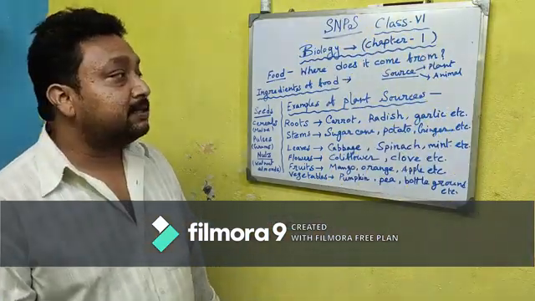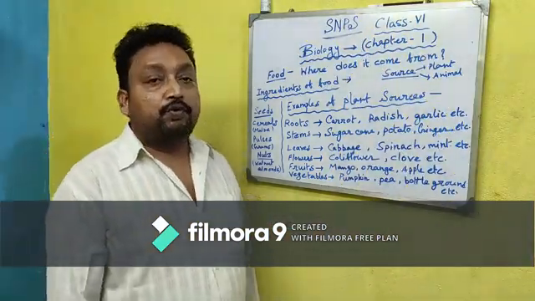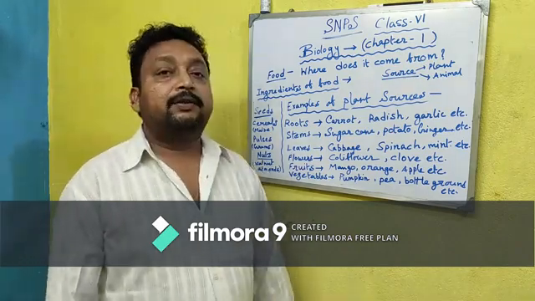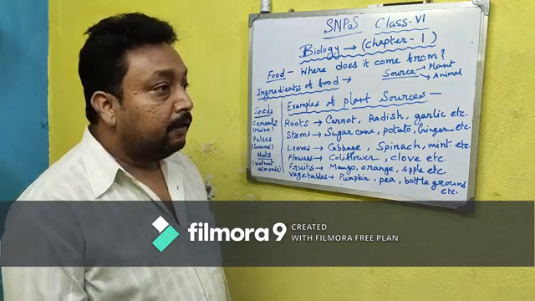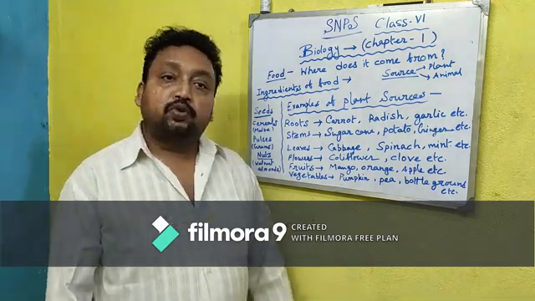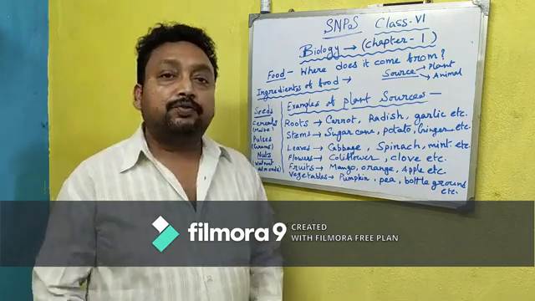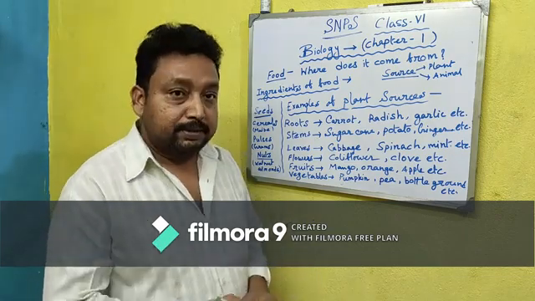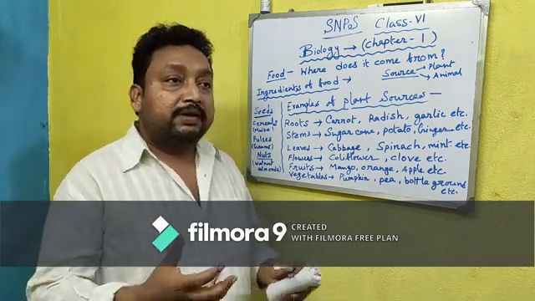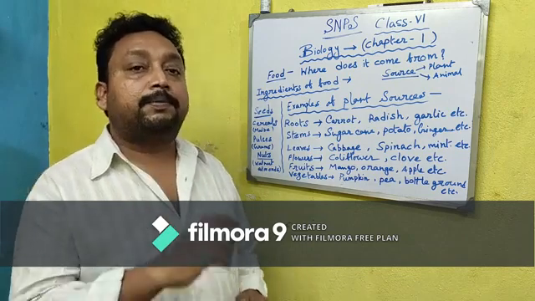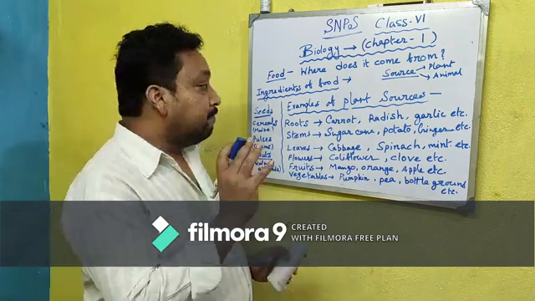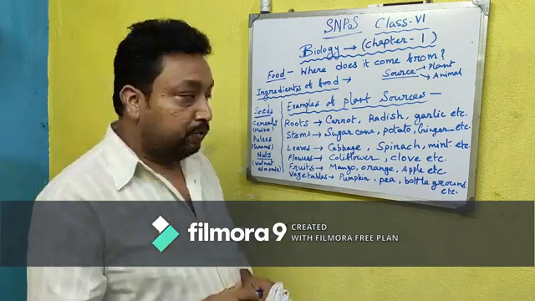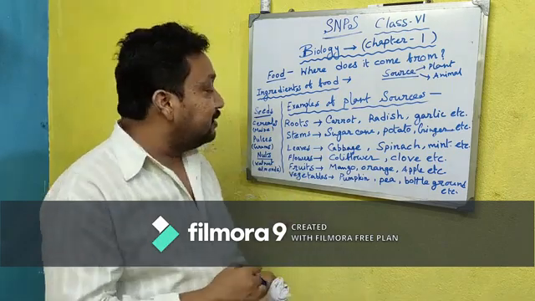Today I will discuss the source of food from plants, meaning the food which we get from plants. Plants are a source of many different kinds of food, divided into categories according to the part of the plant. Carrot is the root of a plant. Sugarcane is the stem.